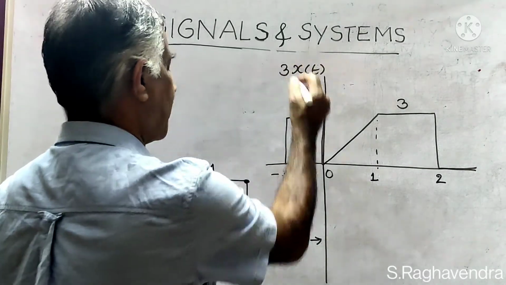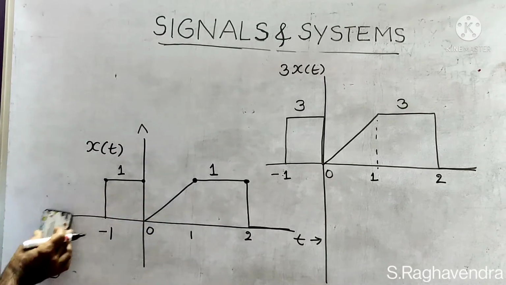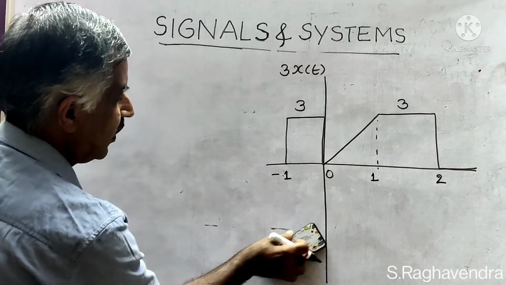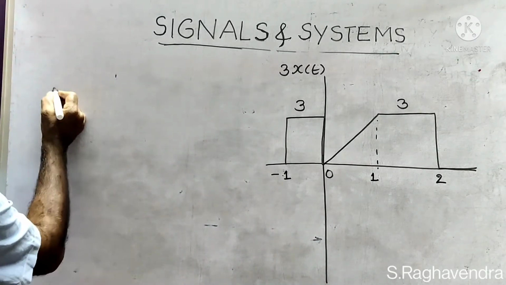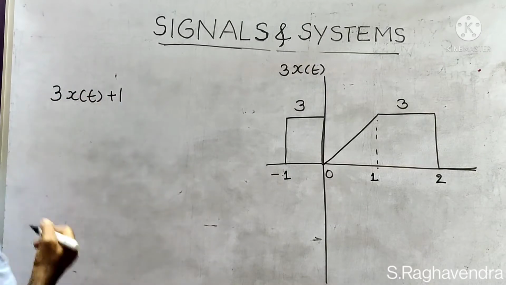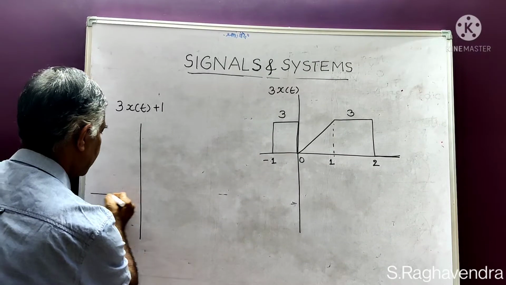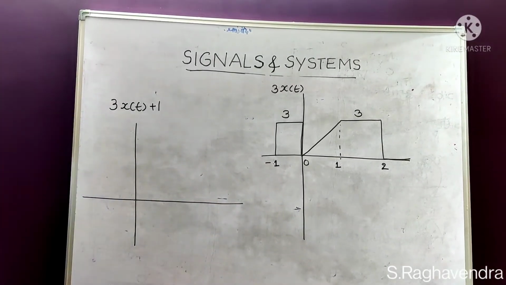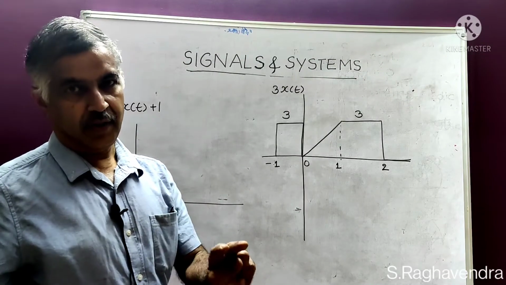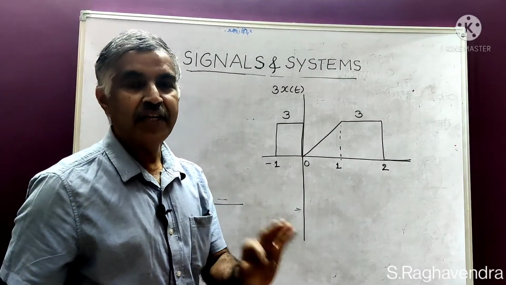Now to 3 of xt. I no longer require this graph. Now I will sketch 3xt plus 1. First I am adding a DC level of 1. That means to each and every value you have to add a DC level of 1.